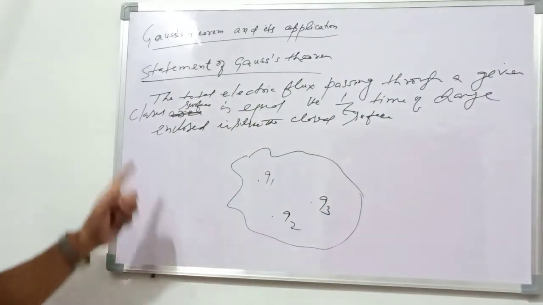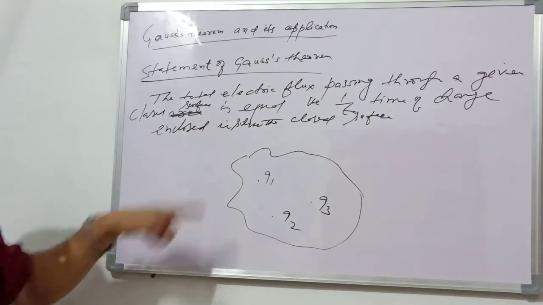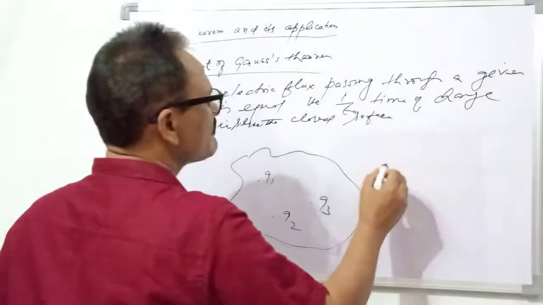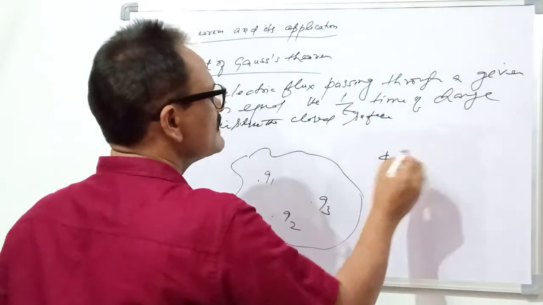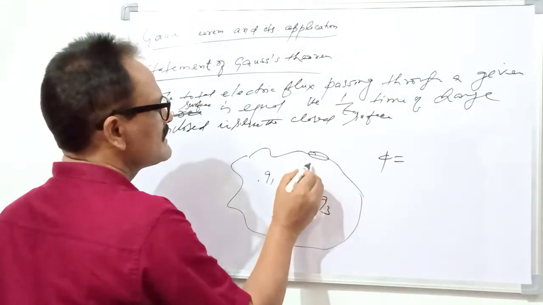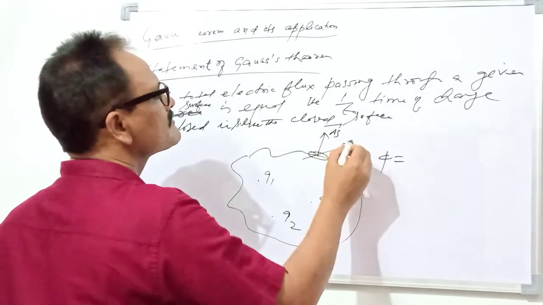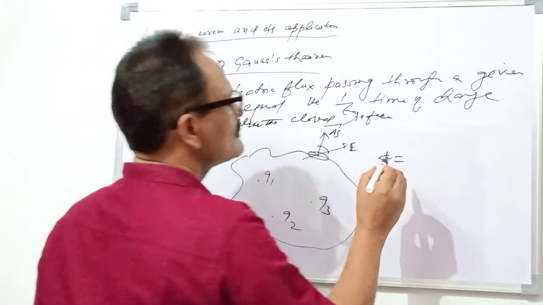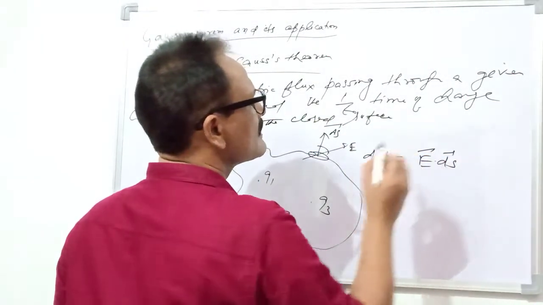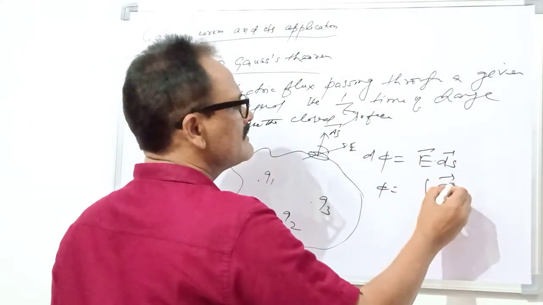According to this theorem, the total flux passing through this closed surface means: suppose this is the smallest area, the area vector is ds, and the electric field is E. So dφ is equal to E dot ds, and the total flux is the integral of E dot ds.